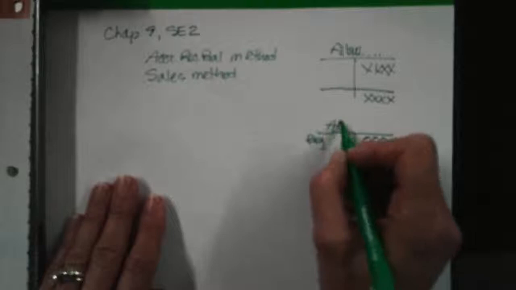Okay, so SE2 says that during the first year of operation, Brown Sales Corporation made most of its sales on credit. At the end of the year, the accounts receivable amounted to $199,000. Okay, now, this is a brand new company, so they've got a beginning balance in the allowance for uncollectible accounts of 0.